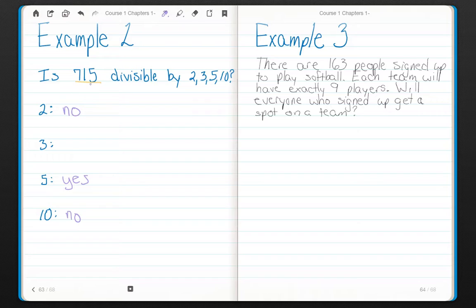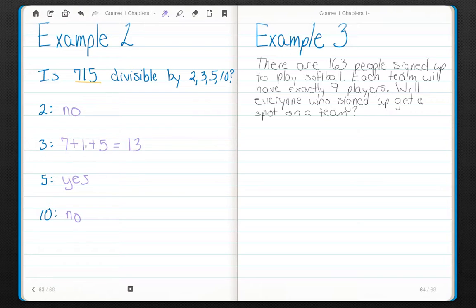But let's talk about the rule for 3. So, if a number, when you add its digits, so here I'm adding 7 plus 1 plus 5. If that sum is divisible by 3, the entire number is divisible by 3.